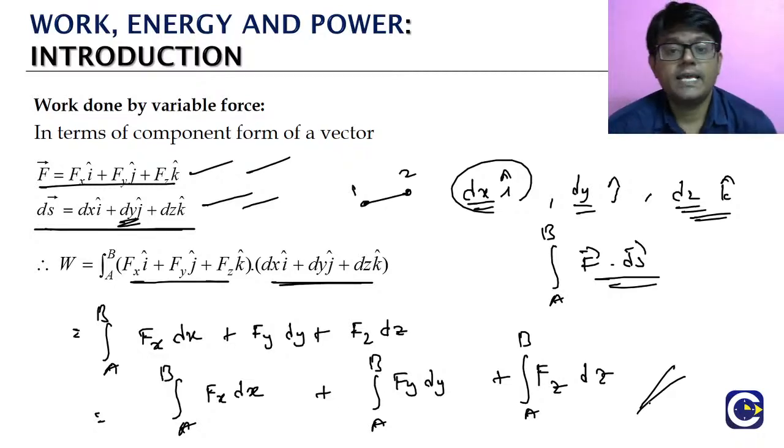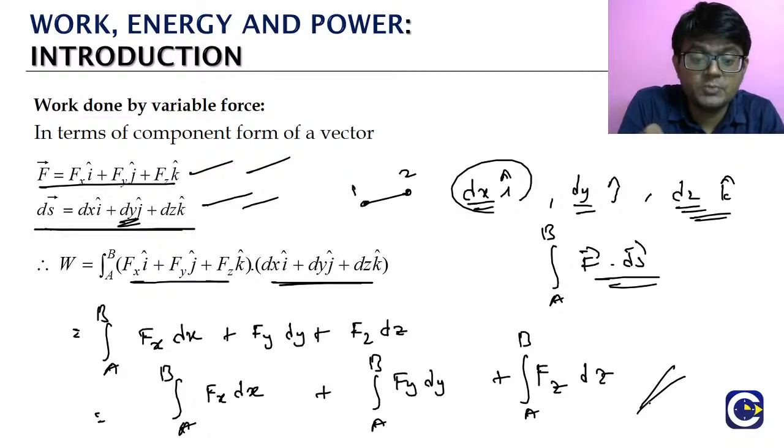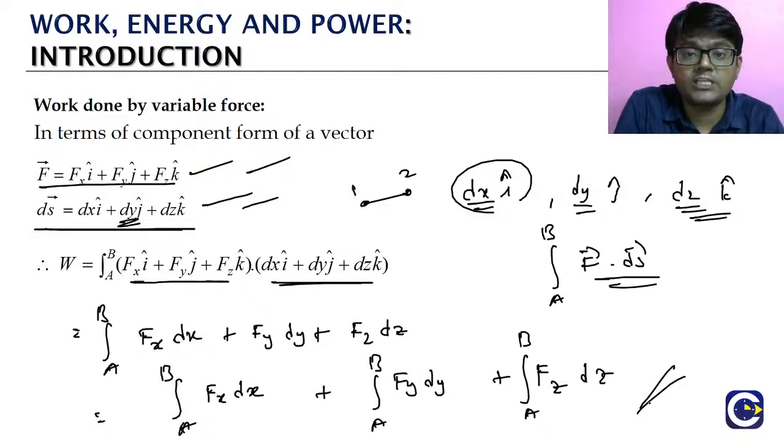So if the displacement is not in the direction of the force, we'll use this approach. We express the force in component form, and the differential displacement is written as dx into i plus dy into j plus dz into k, because the small change in position will be accompanied by small changes in the x, y, and z coordinate values.